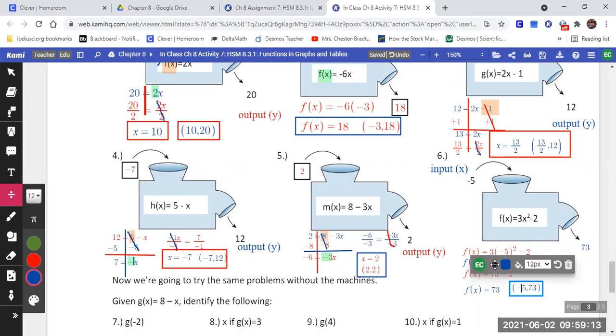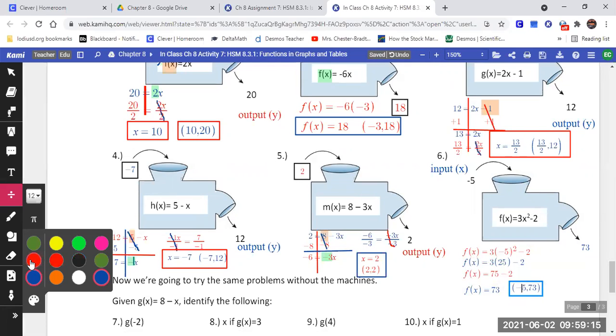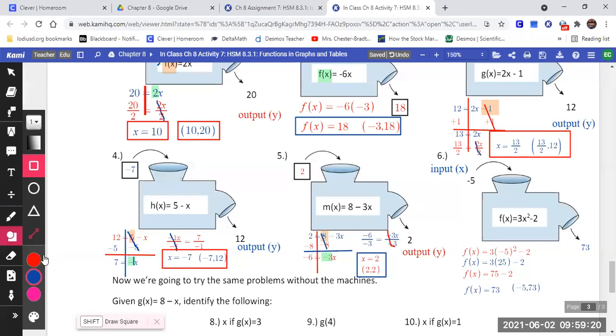What makes it a function is not about what the original equation looks like. What makes it a function is the fact that every single x in the problem is linked to a separate y. So if I were to look at a table of values, no x's would repeat. If I were to look at a graph, I wouldn't have any curves that come back either to the left or to the right, because that would make an x repeat.